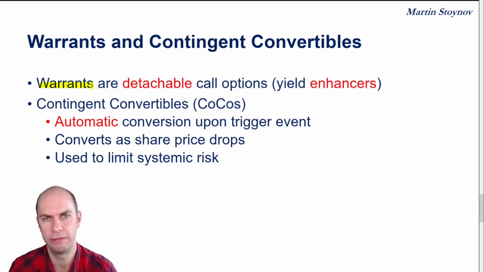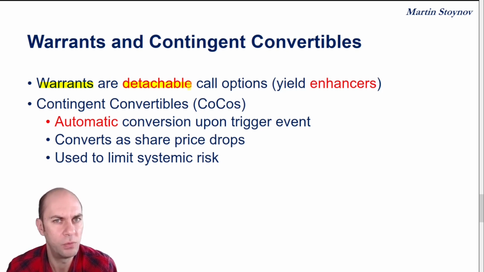So how is that different from a convertible bond, you might ask? Well, in the convertible bond, the option is embedded and is not detachable, whereas in the case of the warrant, you can actually detach the warrant and trade it separately from the bond, and obviously the bond separately from the warrant. So the key thing here is warrants are detachable. You can essentially trade them separately as call options on the exchange.